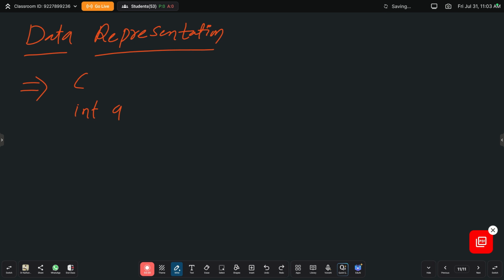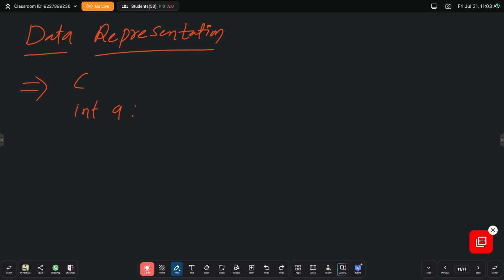Why these data types actually? To minimize your compiler's work. How? For example, if you write int a, tell me what your compiler is going to understand.